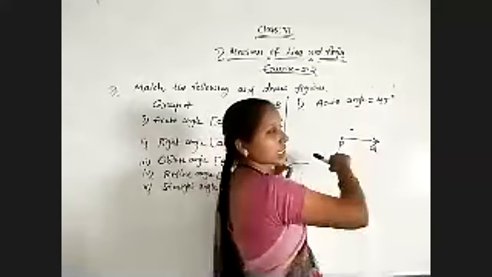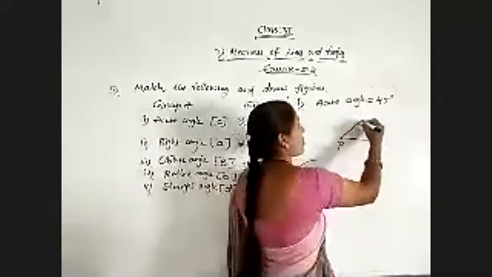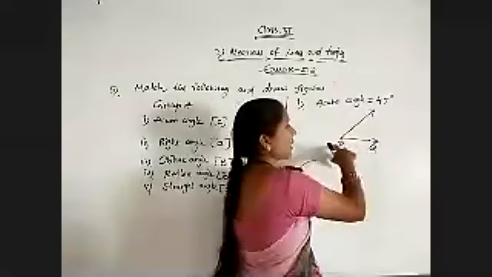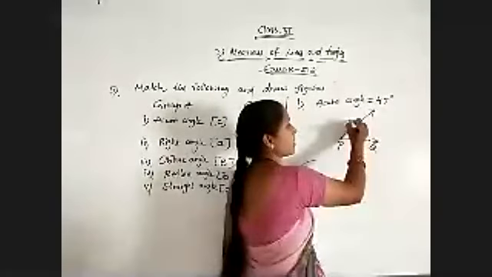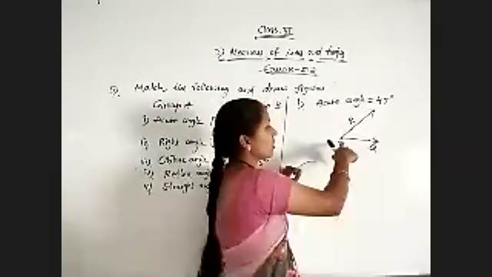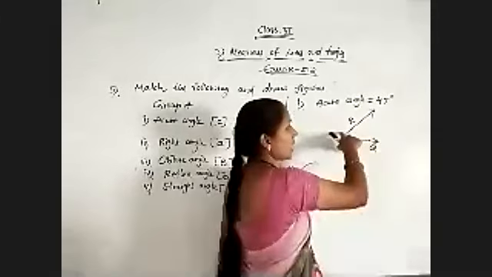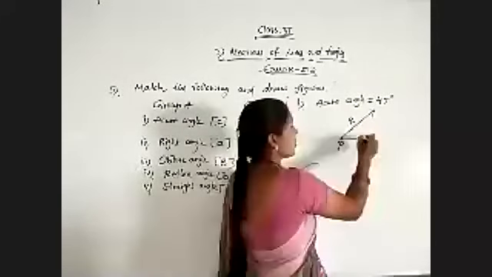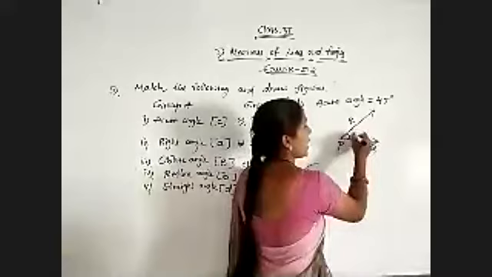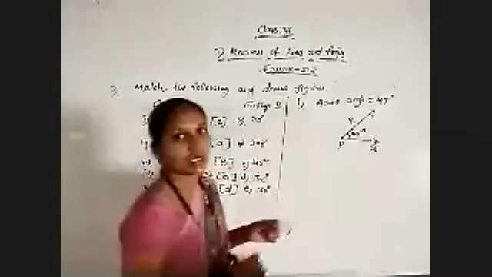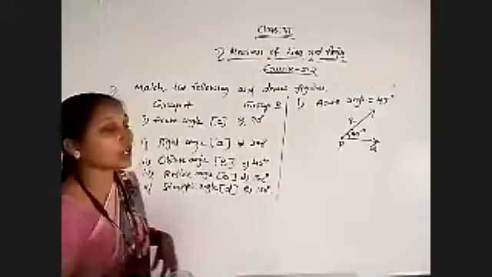Remove the protractor and join that point with P, and let that point be R. Now join PR by using the scale. So required angle QPR of 45 degrees is formed. This is about constructing angle 45 degrees.